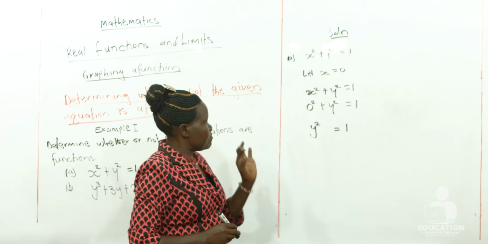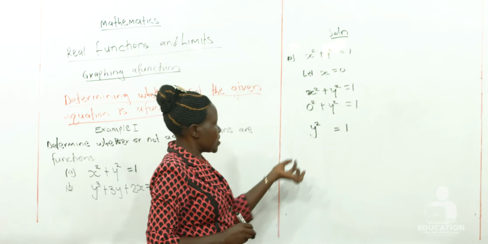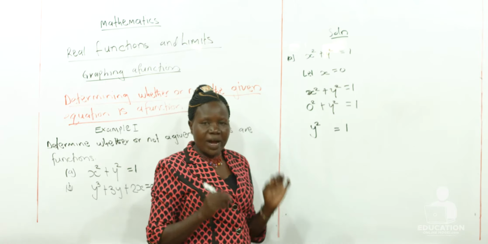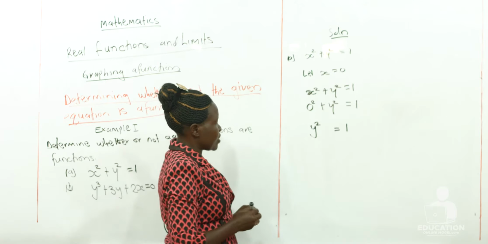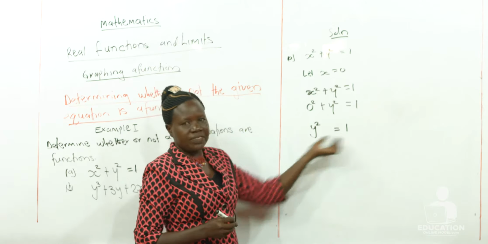So for us to get that the relation is true, we have to specifically look at the two variables, that is x and y. Here they have given us y squared. We need to get the y alone. Therefore, for us to get the y alone, we have to root both sides.